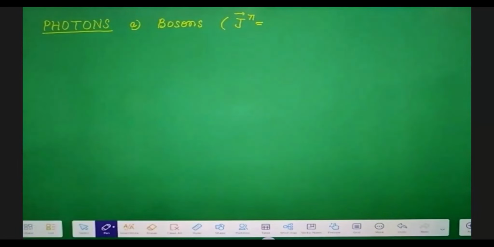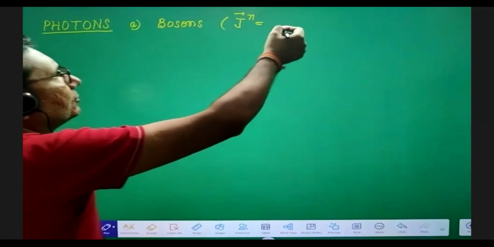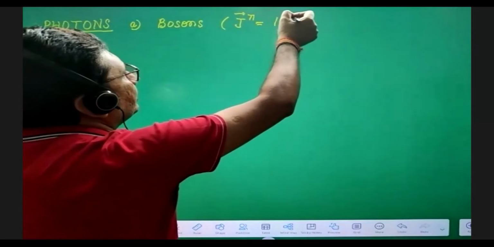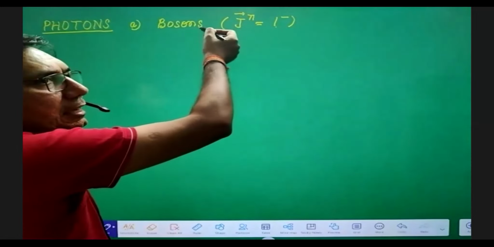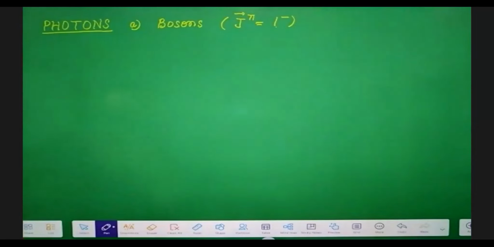What is the intrinsic spin and intrinsic parity of these photons? That is 1 minus. Because spin is 1, integer spin it is having. That's why this is boson.